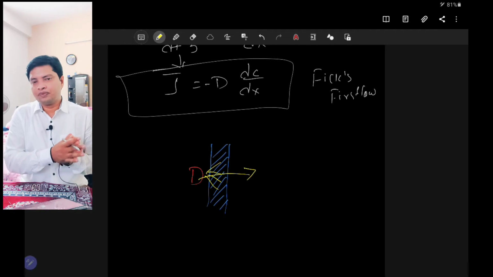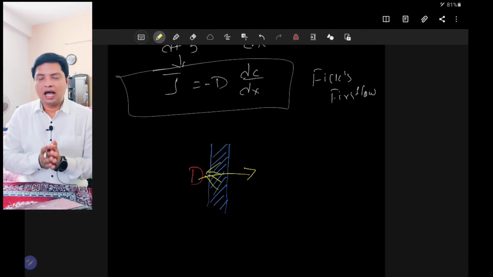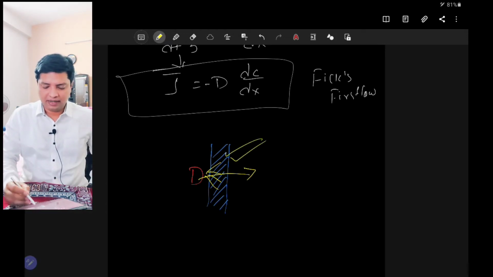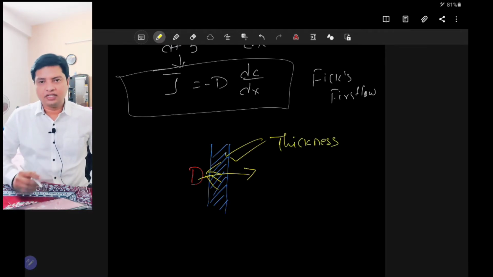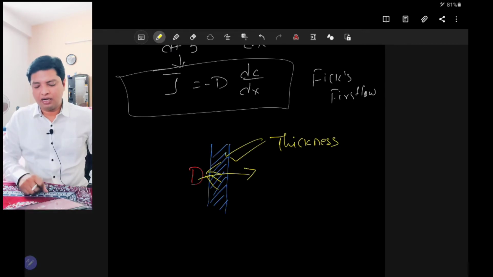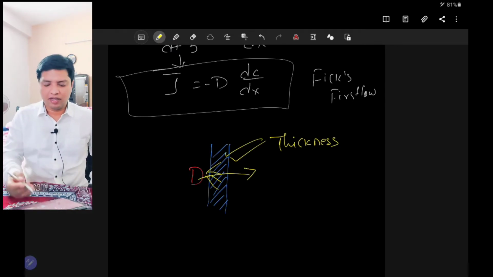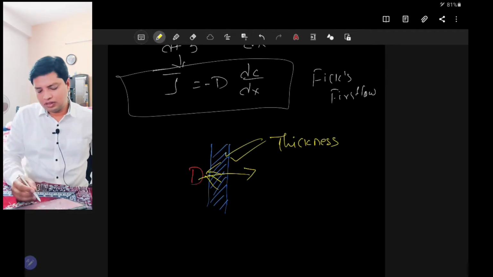I can't change the drug, so what I will do is change the thickness of this barrier. Assume the thickness here is 1 centimeter.